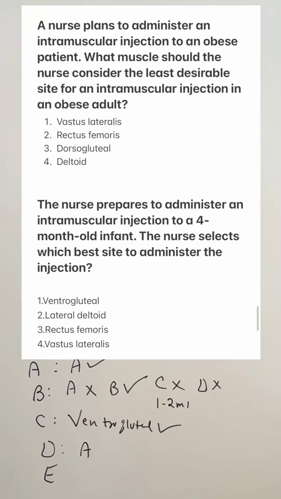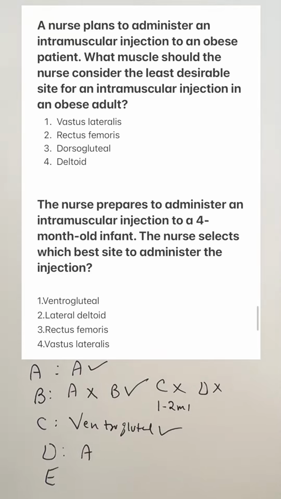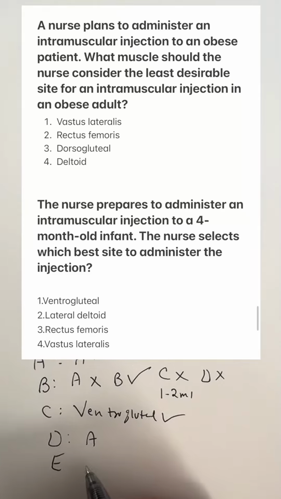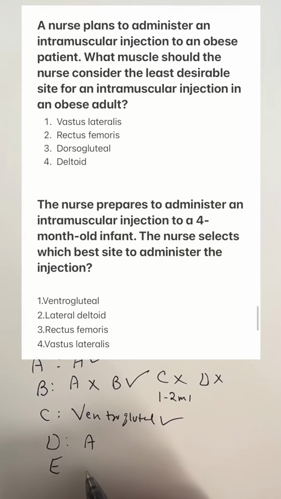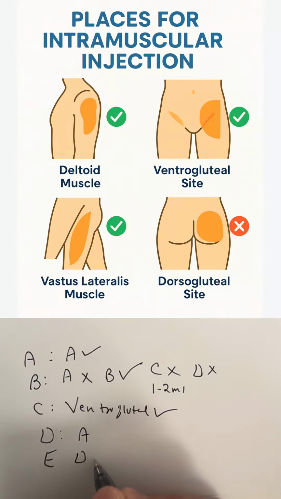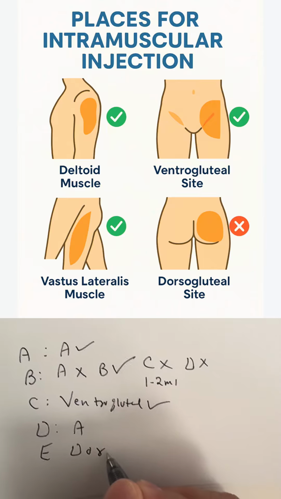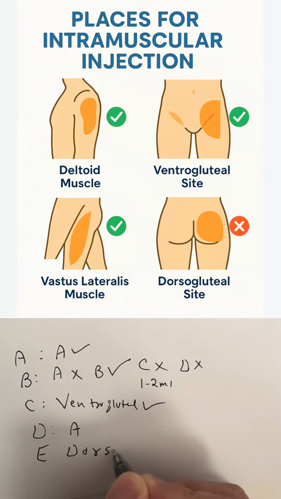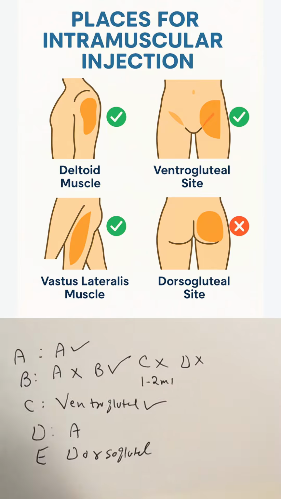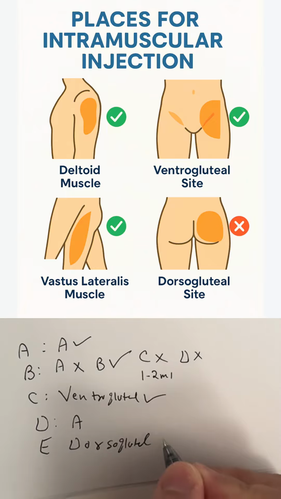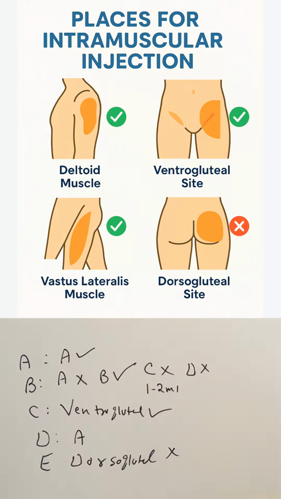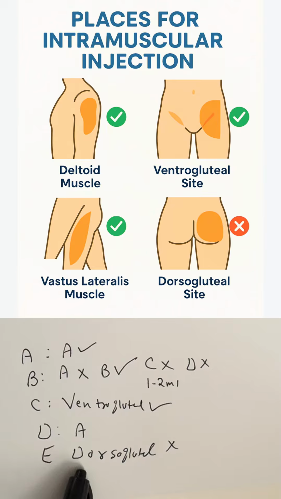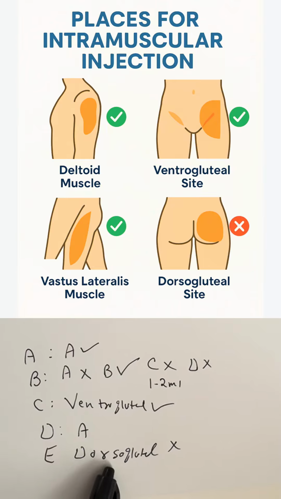Deltoid we give, but they are asking for least desirable. So the only option left as least desirable is option C, dorsogluteal. You must lock this in your mind: you never give a shot in the dorsogluteal. If you see this option, eliminate it immediately, because of the risk of injury to the sciatic nerve. Got it?